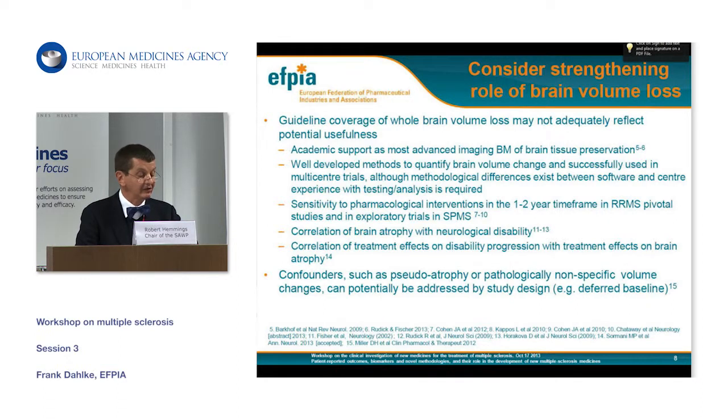There are potential confounders which could bias results, such as pseudoatrophy or pathologically non-specific volume changes. But academia believes, and I think the trials which have been conducted and which have been working also show, that these could potentially be dealt with either by addressing them in the design or by having longer-lasting trial durations where these play less of a role.